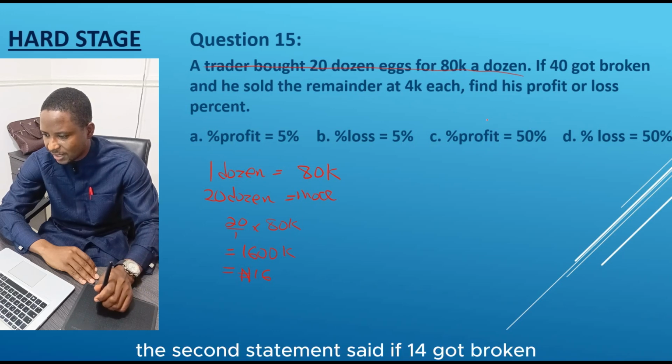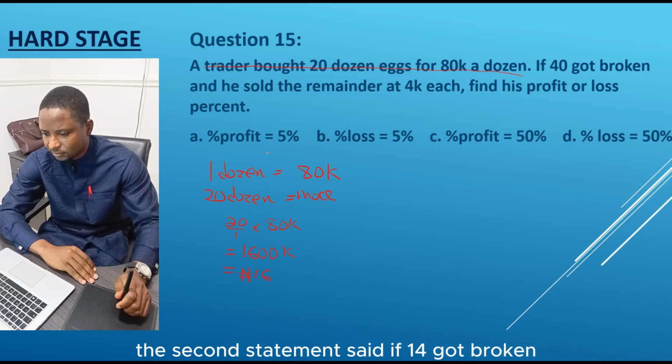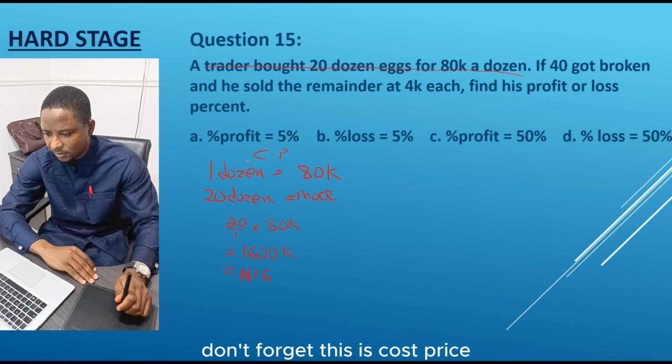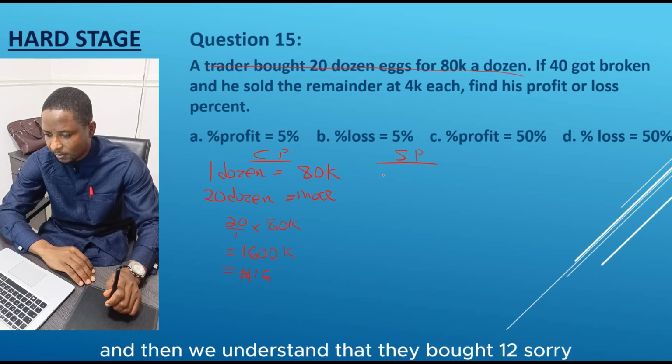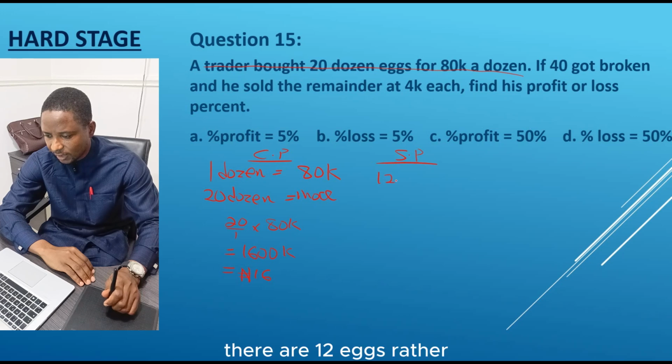The second statement said if 40 got broken. Don't forget, this is the cost price. So for the selling price, 40 got broken. And then we understand that there are 12 eggs in 1 dozen.